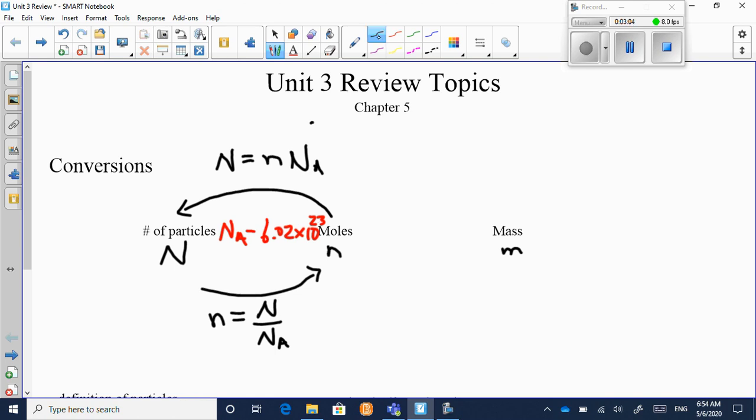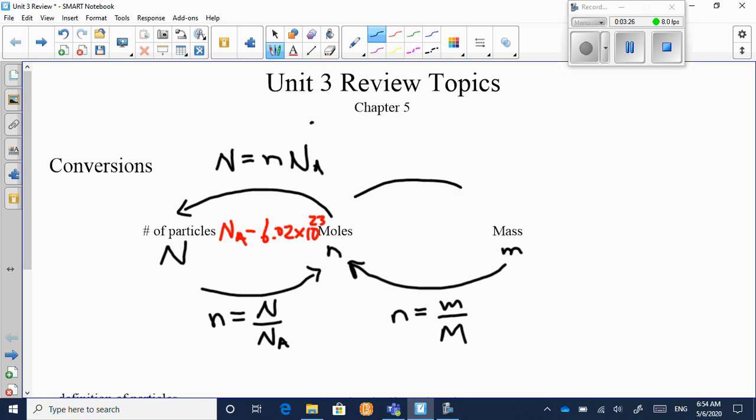Okay, but we also may want to go from mass to the number of moles. So if we're given mass and we want the number of moles, we have this formula. n is equal to little m over capital M, where in this case, capital M is the molar mass.